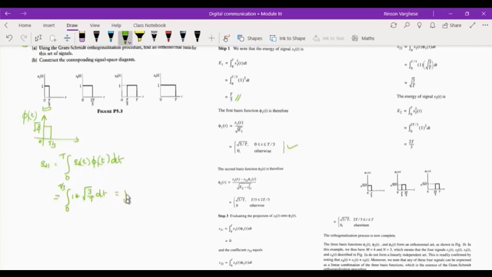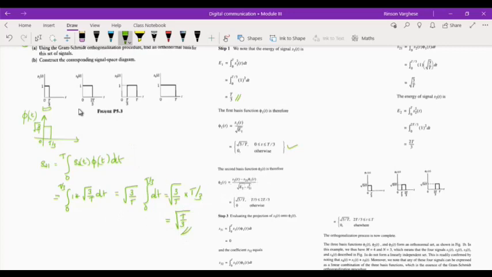This is equal to root 3 by T, integral 0 to T by 3, dt, which is equal to root 3 by T into T by 3. This is root T by 3. This is S21. So to find the second basis, you just need to do this operation with S21 and S2.